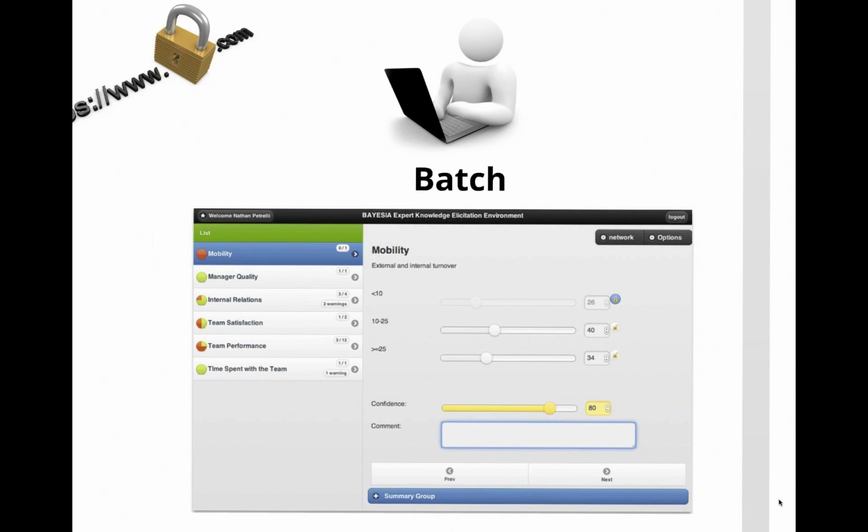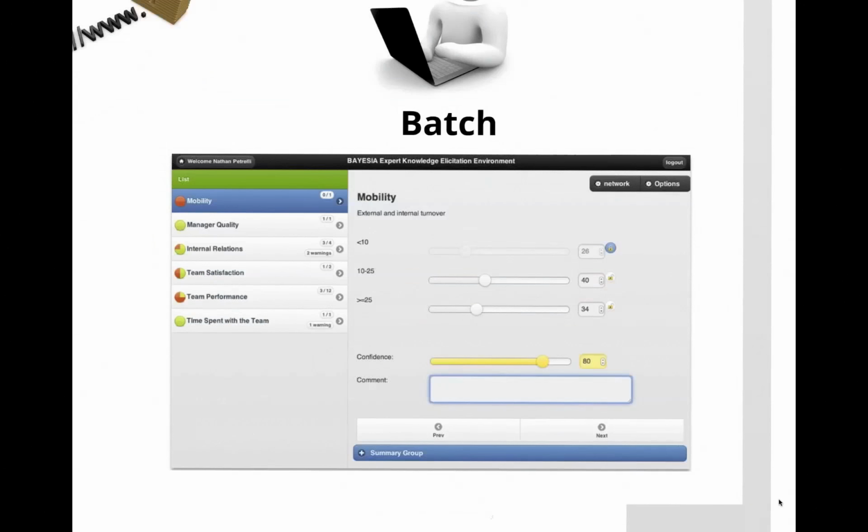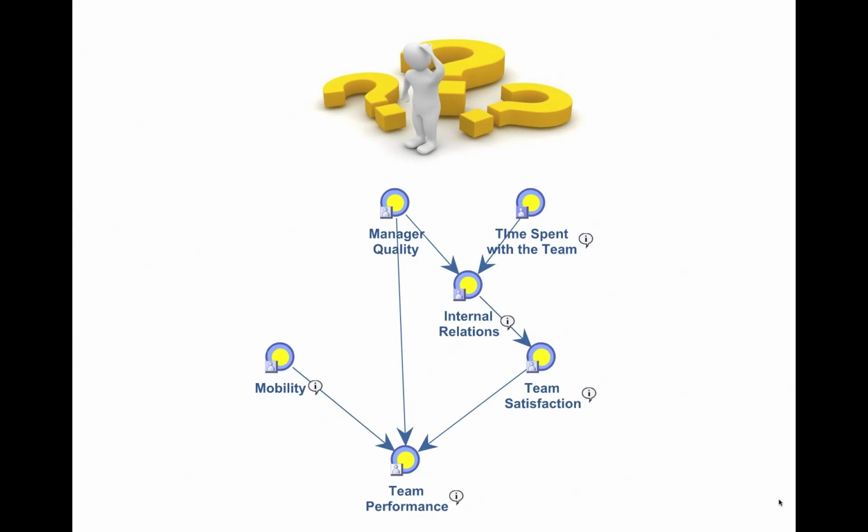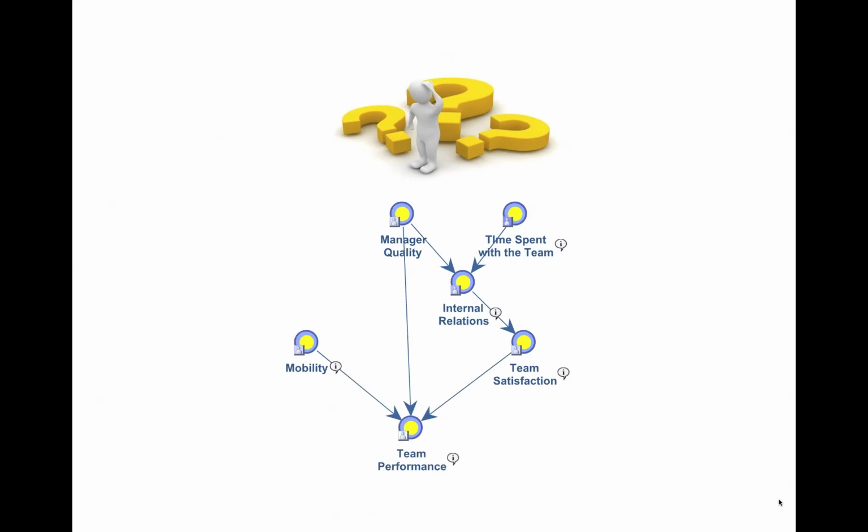We will use this to polish the network, and then post the full network to the website, and each expert will be able to use this web interface, at his own pace, either to verify what he previously said, or to complete the elicitation process.